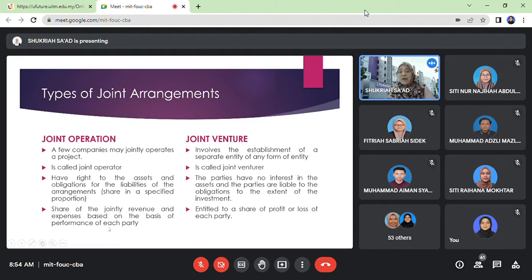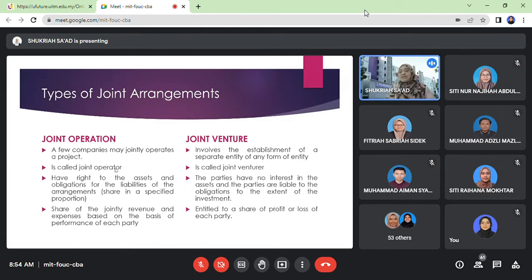All right, so for joint operation, the share of the joint revenue and expenses will be based on performance. Whether there are 2 parties or 10 parties, the profit sharing will be based on their performance.